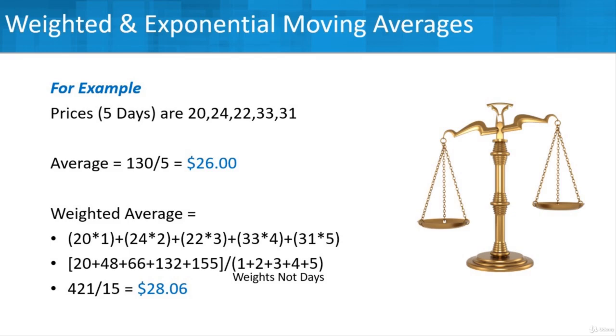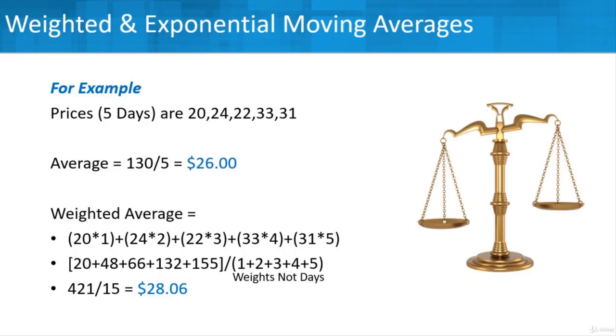Now a weighted average would put a weighting factor towards those numbers. The ones that are most recent would have a heavier weight than ones that are further back. If we look at that first bullet point, you can see the 20 dollars has a weight of 1, whereas the 31 has a weight of 5. You do the math, 31 times 5, and you can see how that breaks out. Then you divide not by the number of days, but by the sum of the weights.